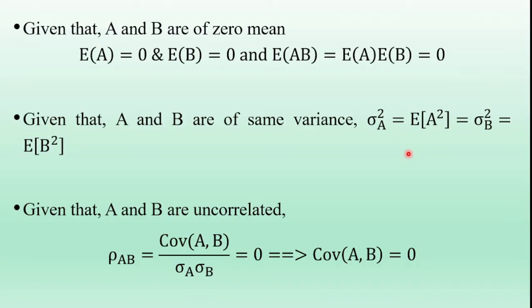And also given that A and B are uncorrelated random variables. Uncorrelated random variables mean the correlation coefficient is equal to 0.